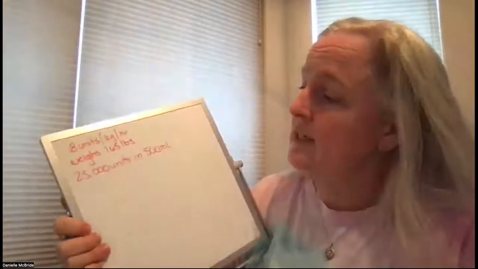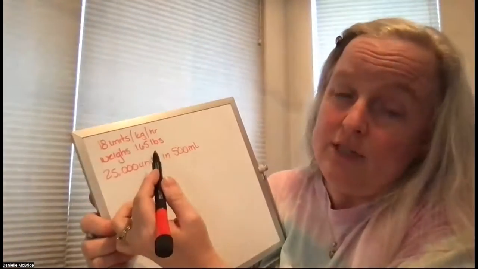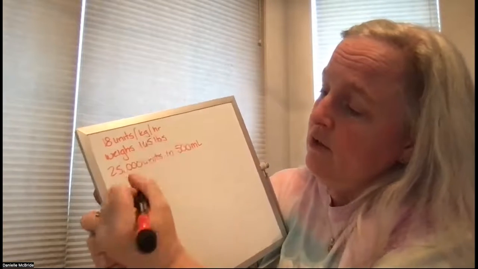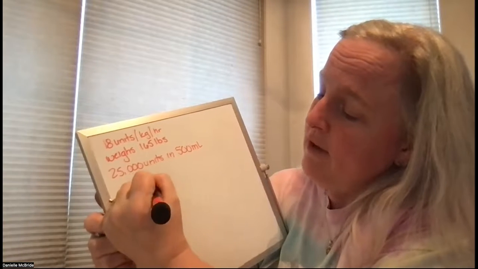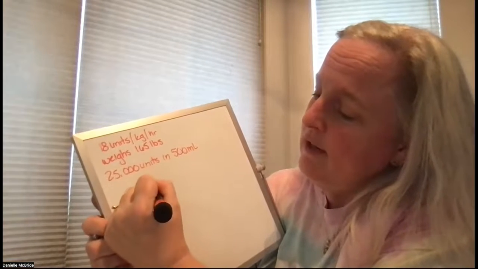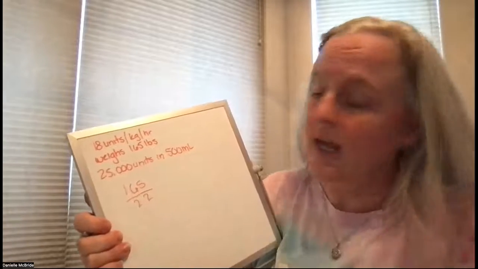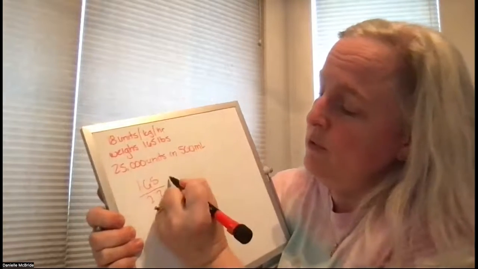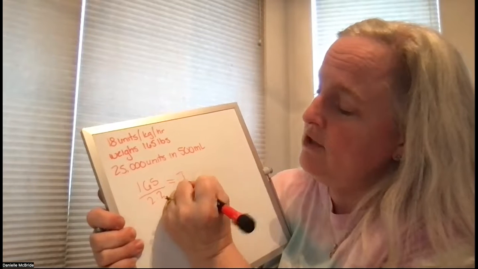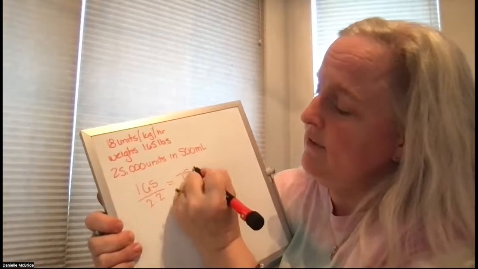So let's figure out how many kilos he weighs. We're going to do 165 pounds divided by 2.2, and you're going to find out that, just like it said on the slide, he weighs 75 kilos.